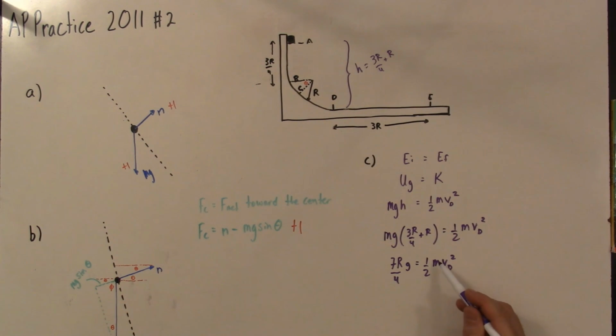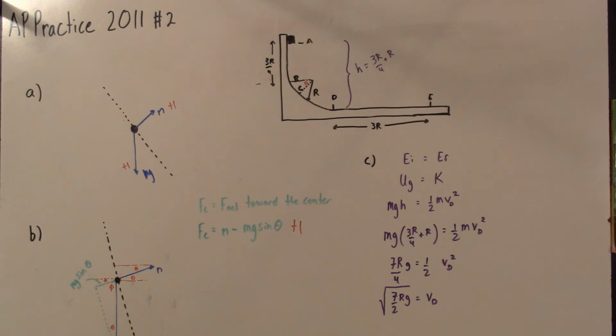Sorry, I got a little distracted there. I can multiply both sides by 2, and I end up with 14 over 4, which is 7 over 2 rg. The square root is equal to v at D.